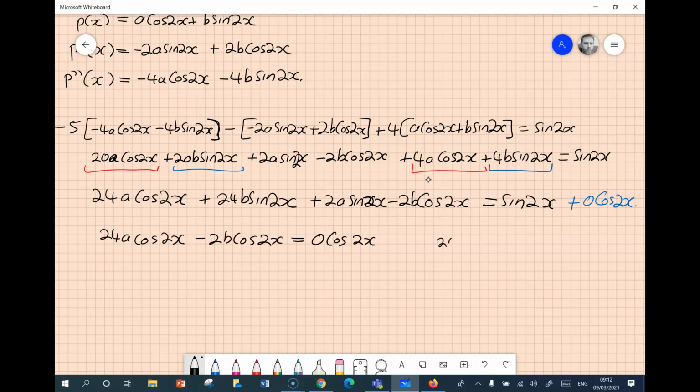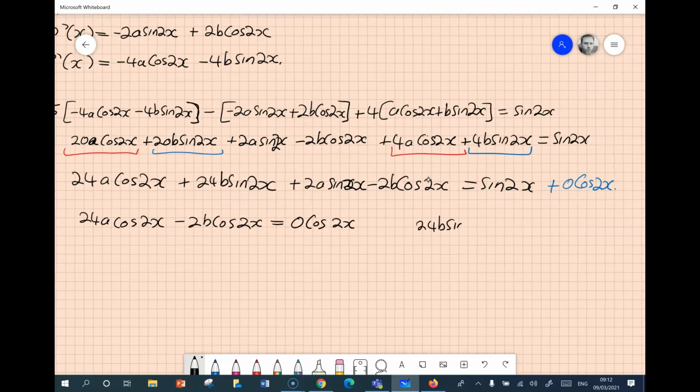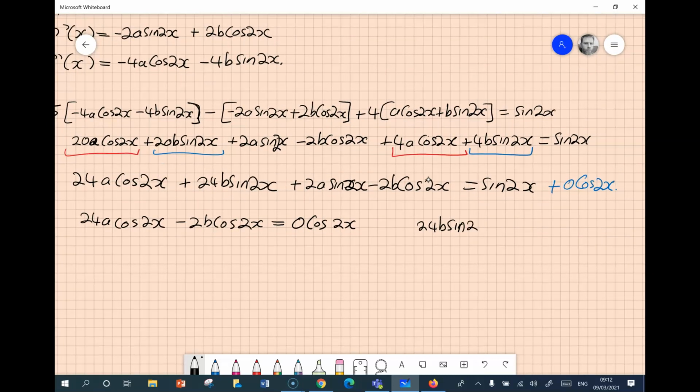We've got 24b sine 2x plus 2a sine 2x. That's equal to sine 2x. Okay, so we'll divide across to simplify. I'll divide everything by cos 2x, and I'm left with 24a minus 2b equals 0. And dividing across by sine, I'm going to have 24b plus 2a equals 1.